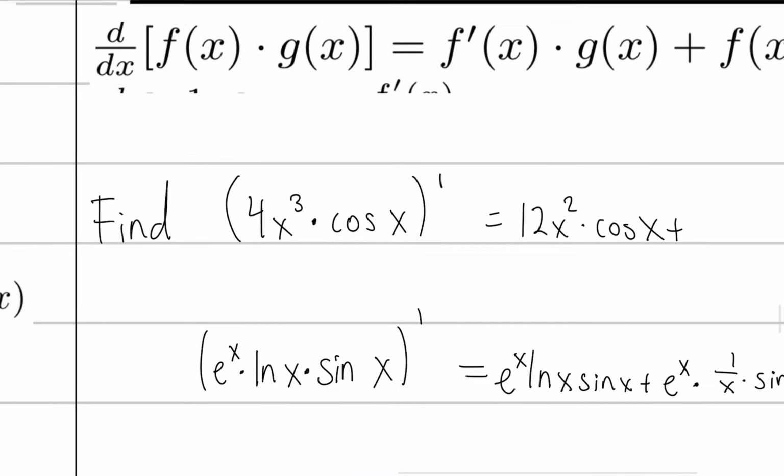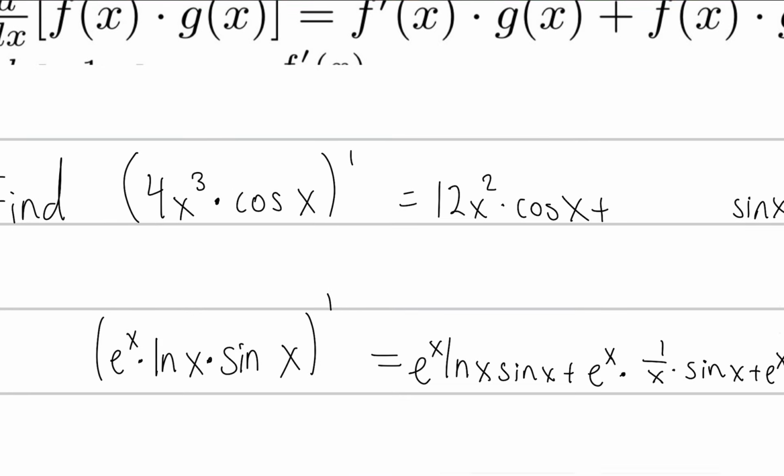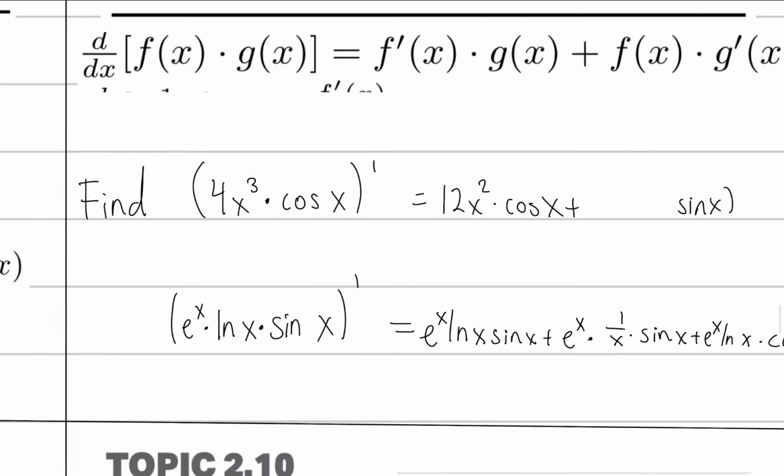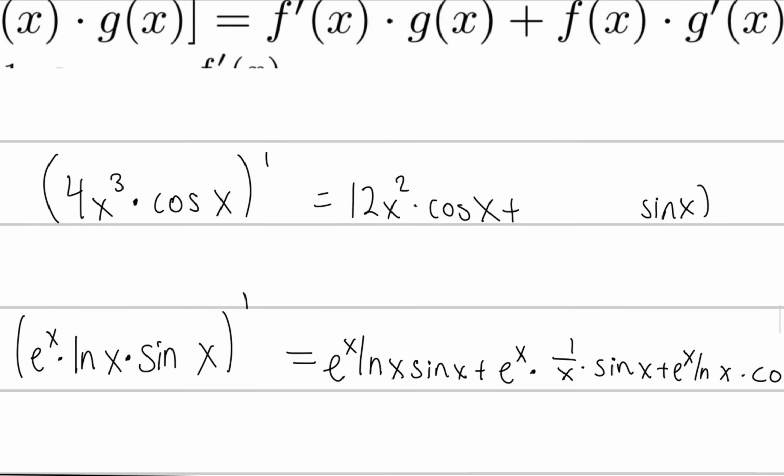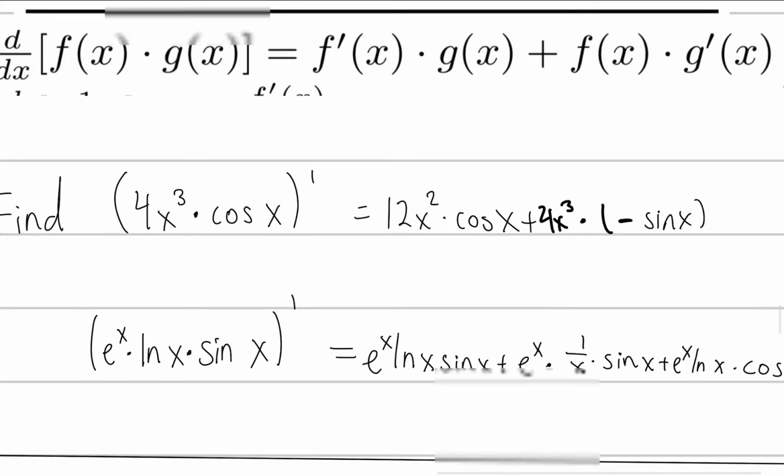So for example, find the derivative of 4x cubed times cosine x. Remember, take the derivative of the left, 12x squared, times just the right, plus just the right times the derivative of the left, minus sine of x. And that is our product.